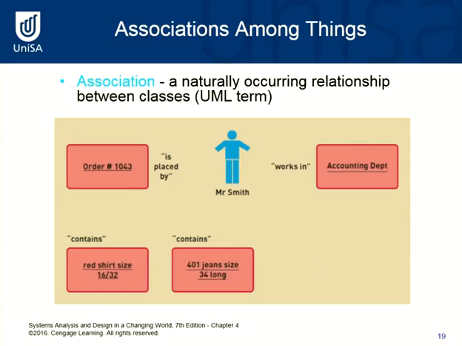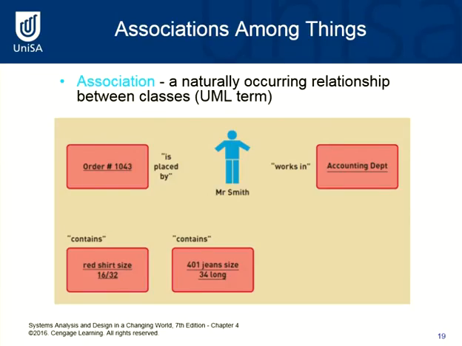Associations. One of the things I also mentioned is that it's important to have relationships or associations and understand those relationships between our classes. An association is the term used in UML for a naturally occurring relationship between those classes.